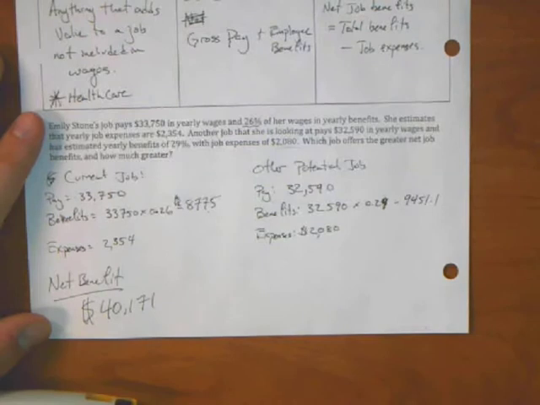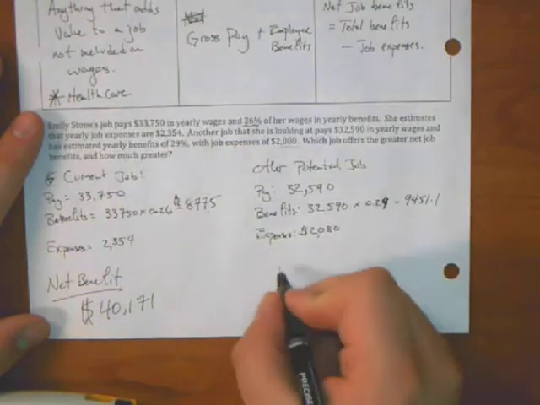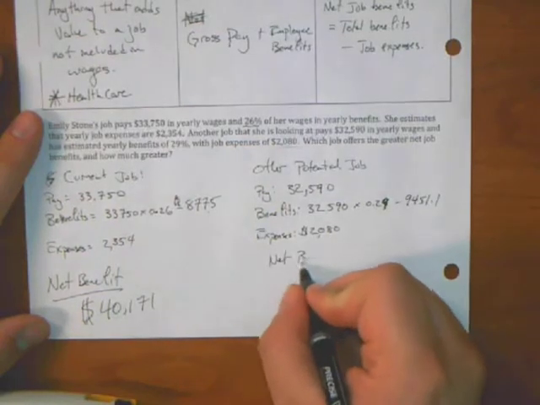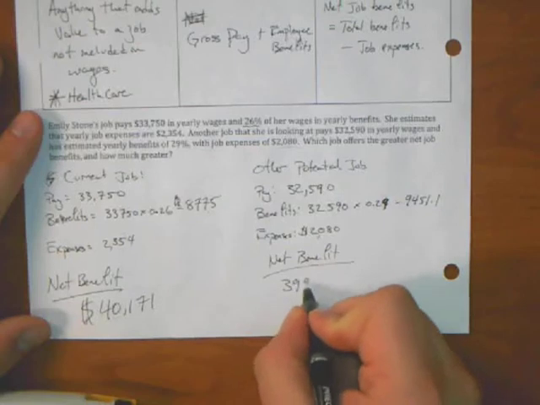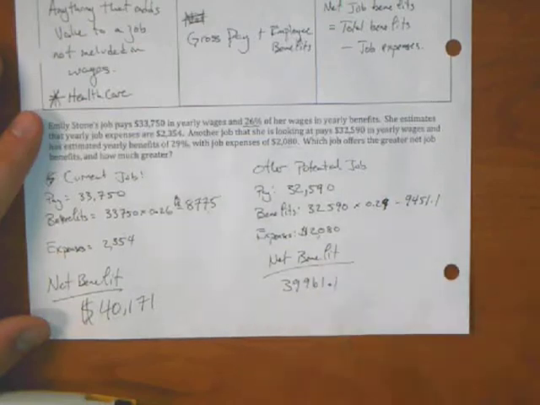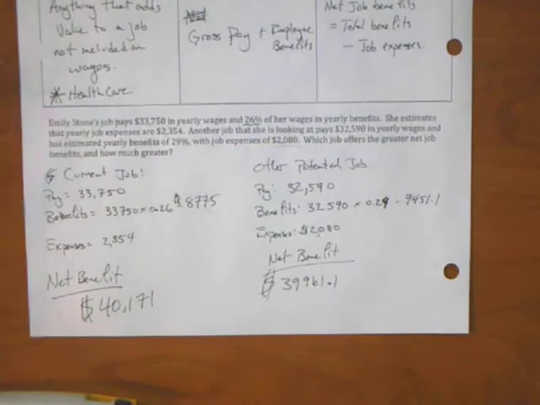Play the same game over here. We get 32,590 plus the benefits. Subtract the expenses. They're close.